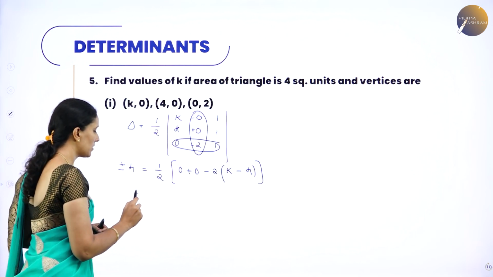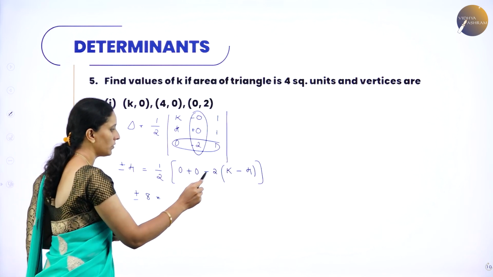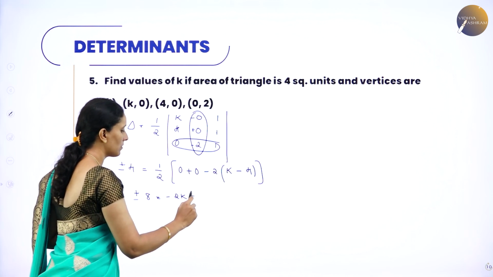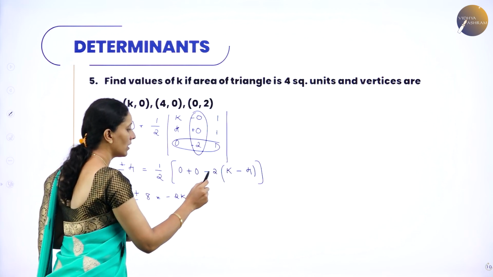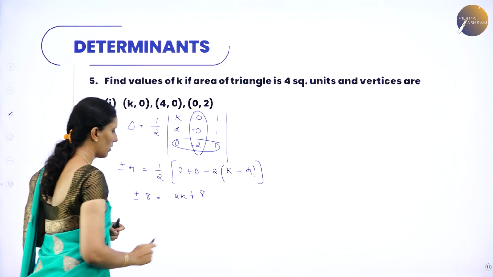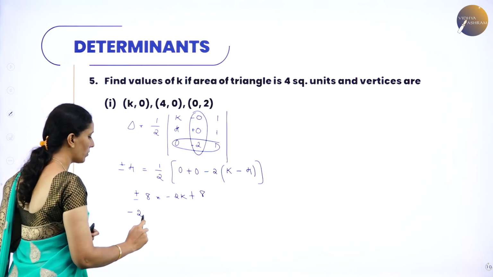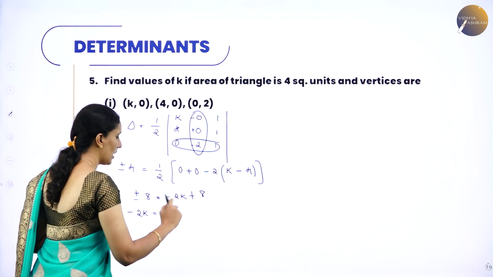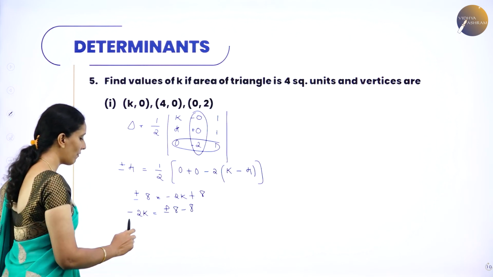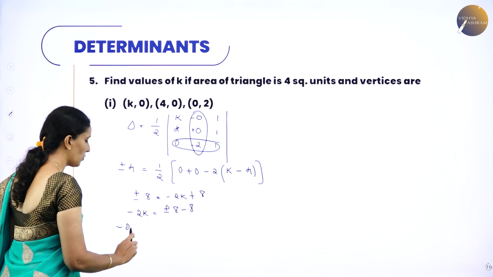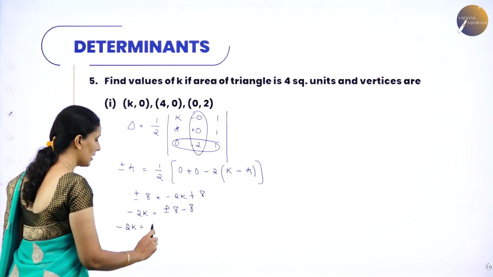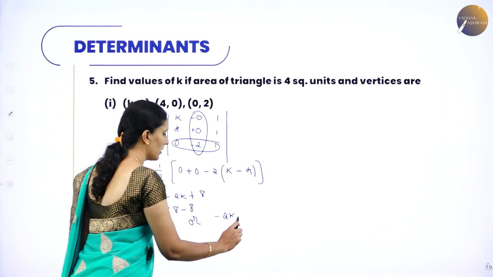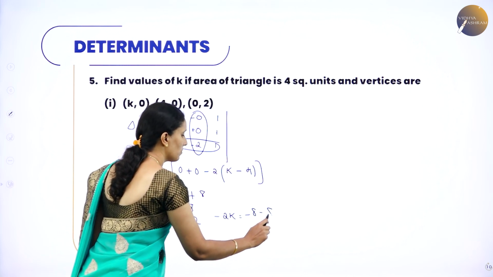Now, here it becomes plus or minus 8 is equal to minus 2K minus 8. So, we get minus 2K is equal to plus or minus 8 plus 8. We have two options here. Minus 2K is equal to 8 minus 8 or minus 2K is equal to minus 8 minus 8.